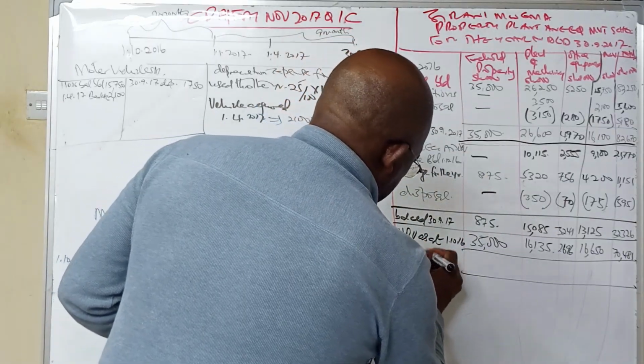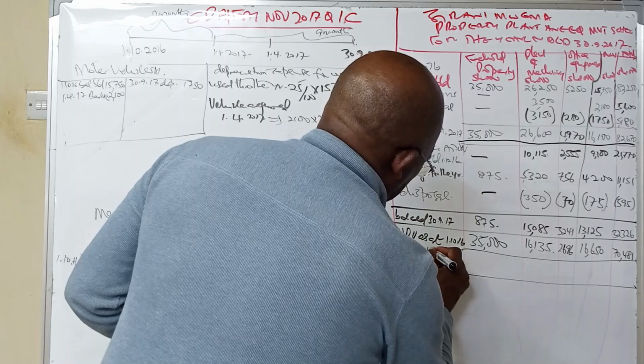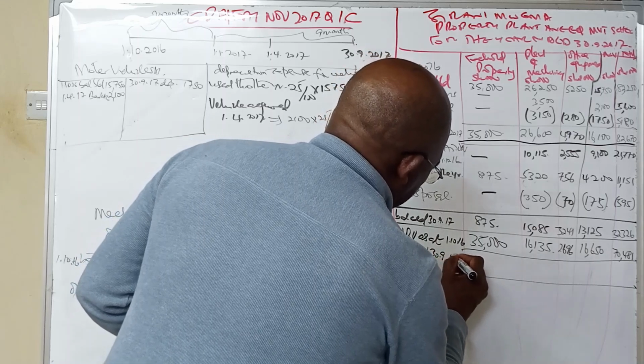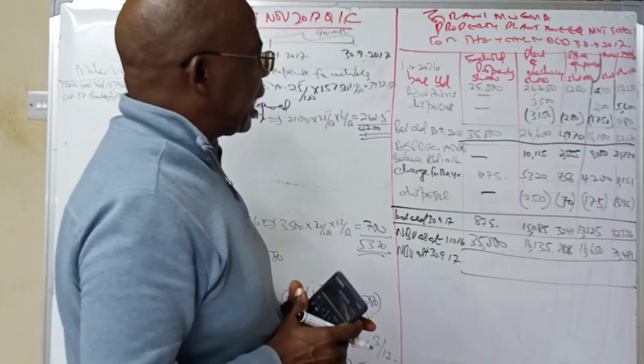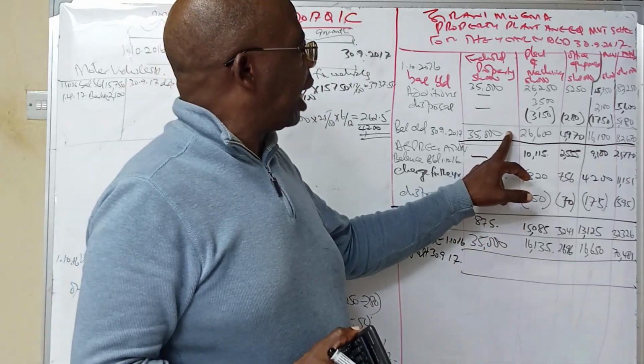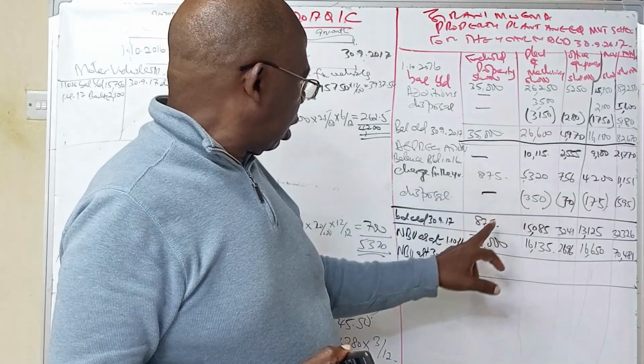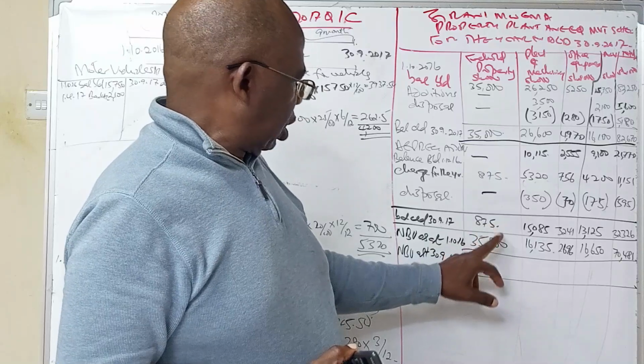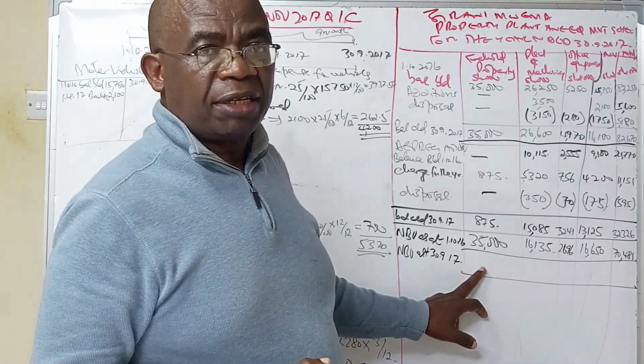Then we go to NBV at the end of the year. NBV at 30th of September 2017. You get the closing balance of the asset minus the closing balance of the depreciation to get the closing balance of the NBV.